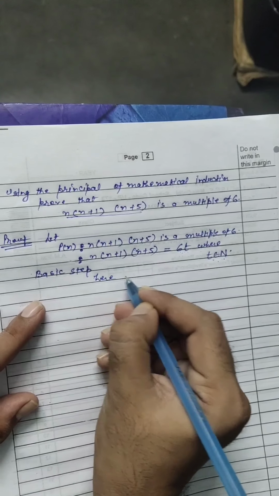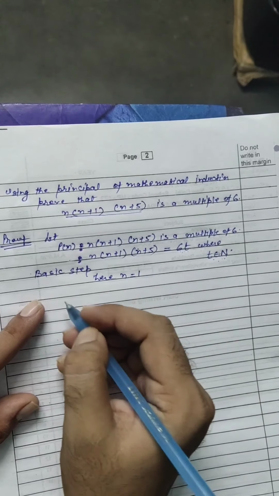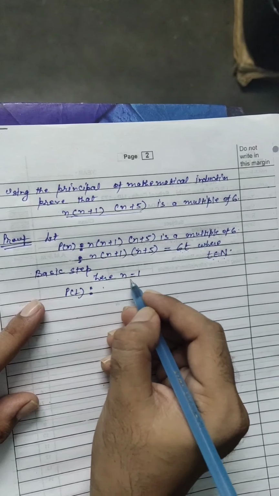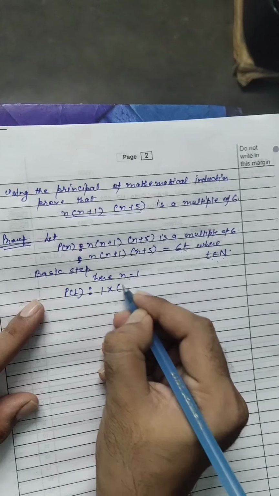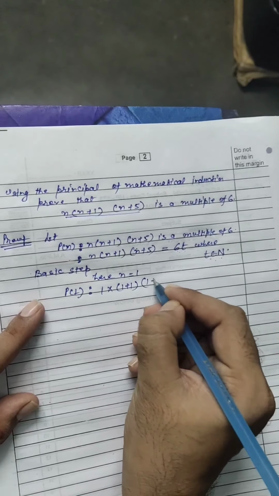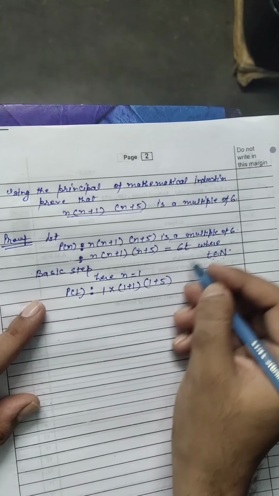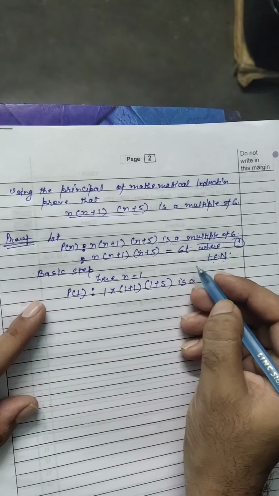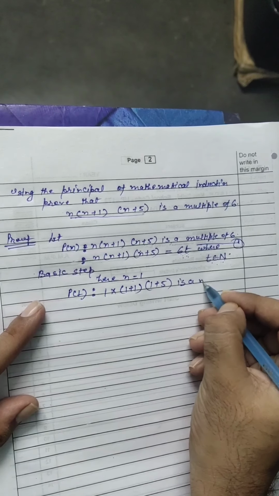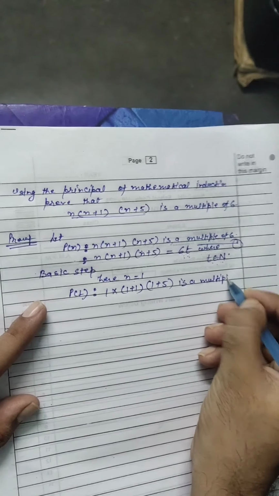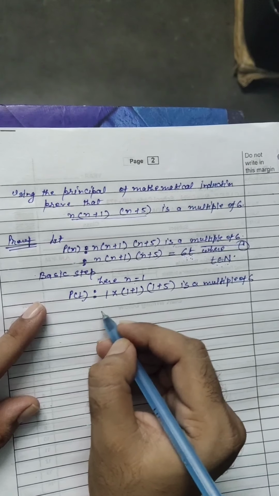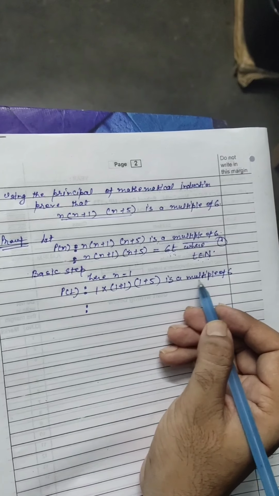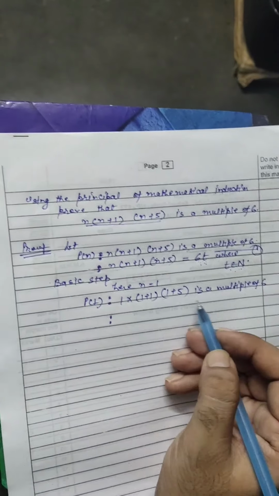n should be equal to 1. So P of 1: we write 1 in place of n, 1 into 1 plus 1 and 1 plus 5, is a multiple of 6. Students, this is the statement, so we will just prove it is true.